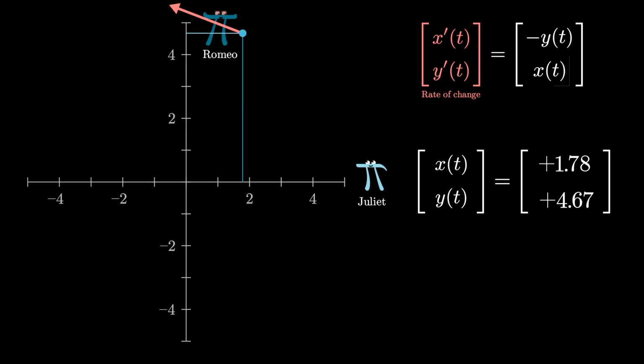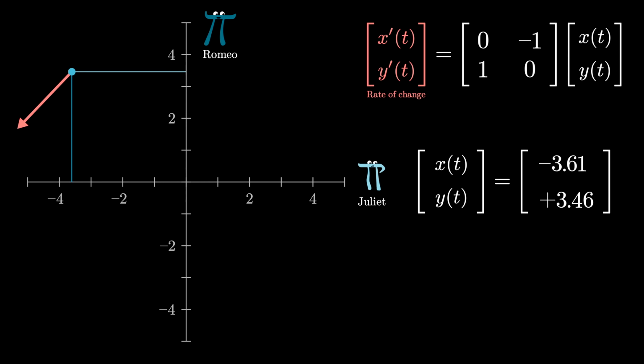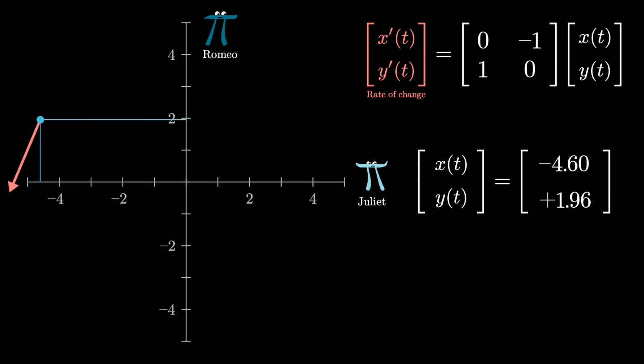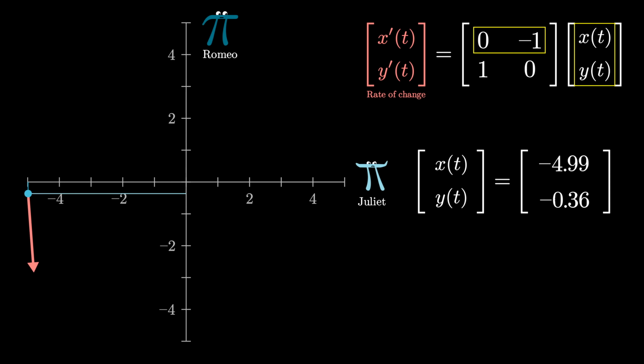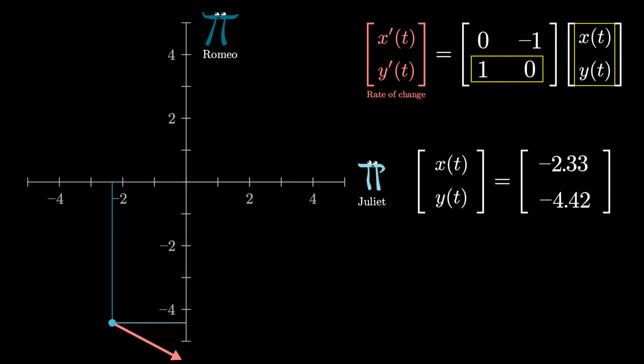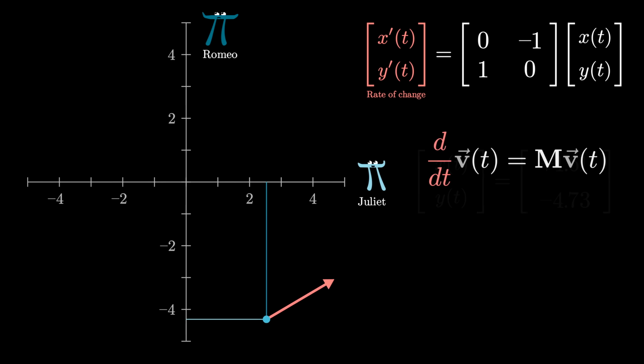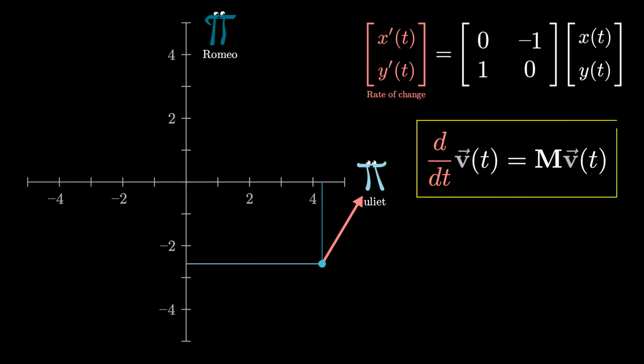Set up as vectors like this, we could rewrite the right-hand side of this equation as a product of this matrix with the original vector, xy. The top row encodes Juliet's rule, and the bottom row encodes Romeo's rule. So what we have here is a differential equation telling us that the rate of change of some vector is equal to a certain matrix times itself.